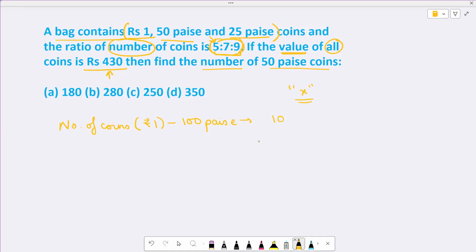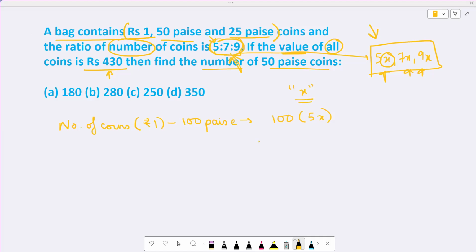That will be equal to 100 multiplied by 5x. Because we have discussed this before that whenever a ratio is given, we can write them as 5x, 7x and 9x. Because all that is important is they need to remain in ratio, and x will help us to find out the actual value of these numbers, because here this is the ratio that is given, right?